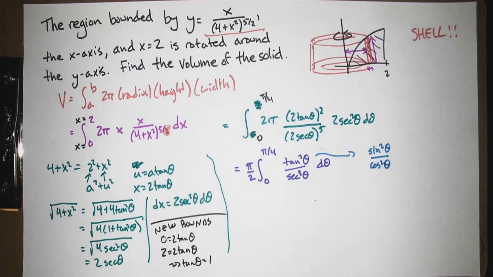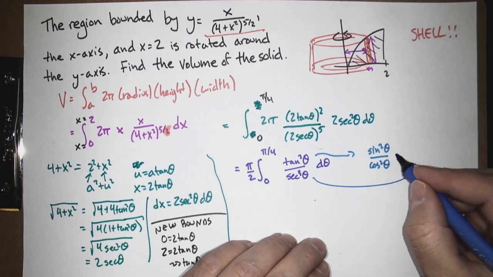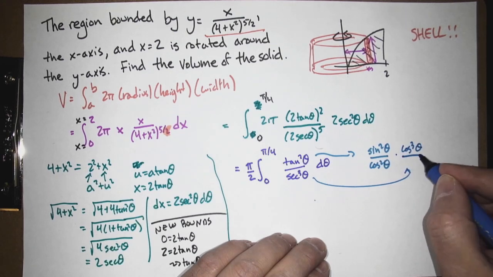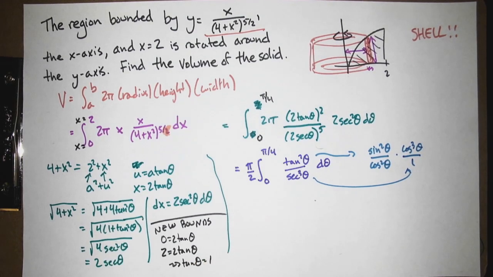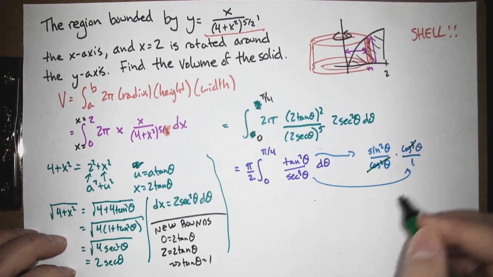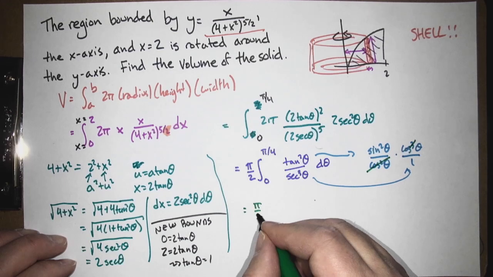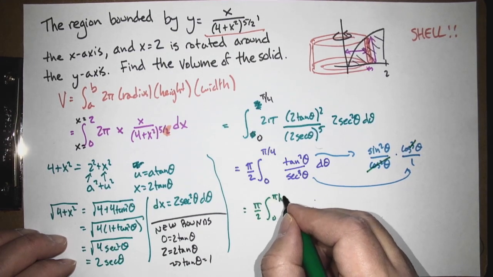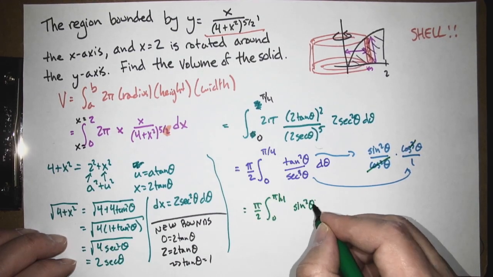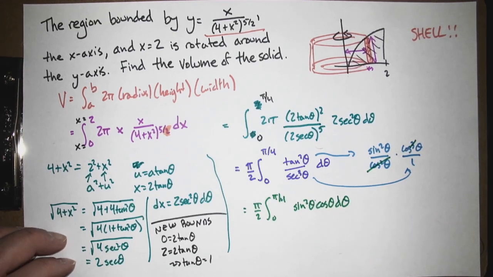Now, what's another way to say secant cubed? 1 over cosine cubed. But since it's downstairs, I can flip it. The secant cubed will become, when we flip it, cosine cubed over 1. Do you see anything convenient? This is the same as pi halves, integral 0 to pi over 4 of sine squared theta cosine theta d theta.